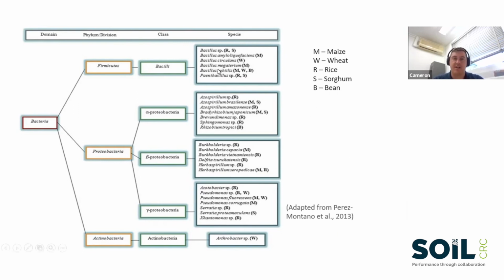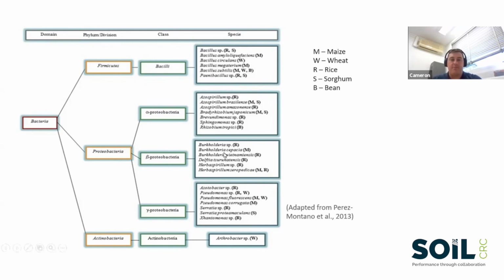As you can see here, your Bacillus subtilis is found in three different major crop types. This is all Northern Hemisphere, but a lot of the time, if we're growing those same species types in the Southern Hemisphere, we're going to tend to find the same bacteria on those plants. Bacillus is found in almost every type of major crop that can be grown.